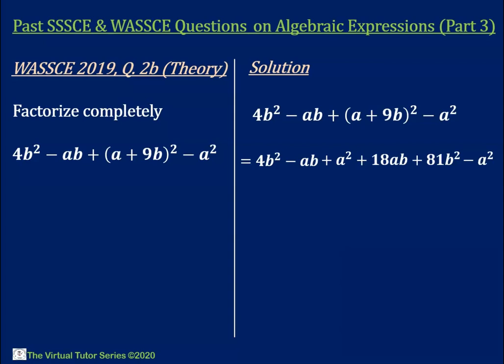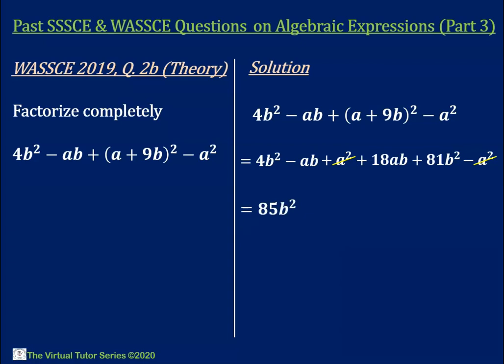Now, let's add or subtract like terms. So we have a squared getting rid of negative a squared. 4b squared plus 81b squared is 85b squared.